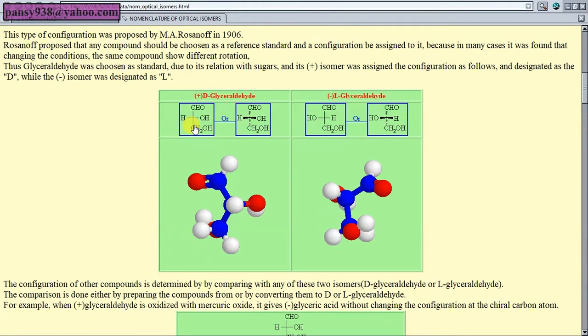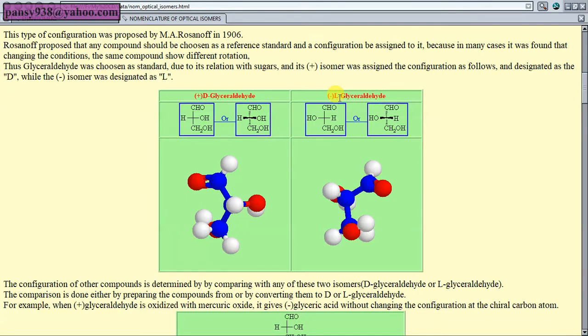So in this case, this middle one is the chiral carbon, and if OH is written in the right side of the picture in Fisher projections, it means that it is D series compound. So this is D-glyceraldehyde, and if this OH is written on left side, it means that it is of L series compound and is called in this case L-glyceraldehyde.